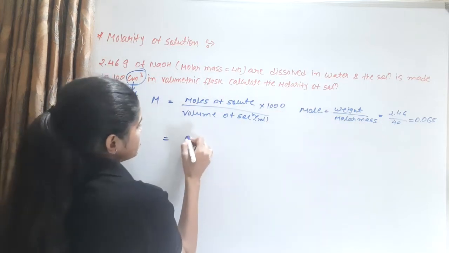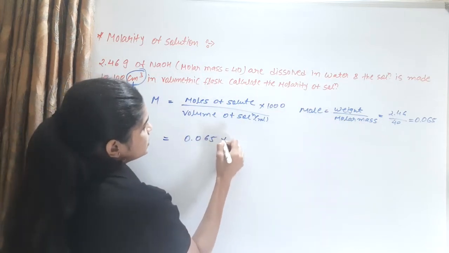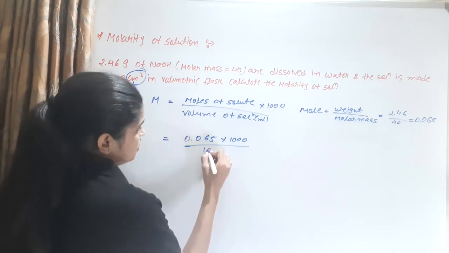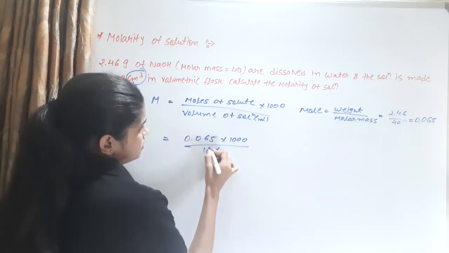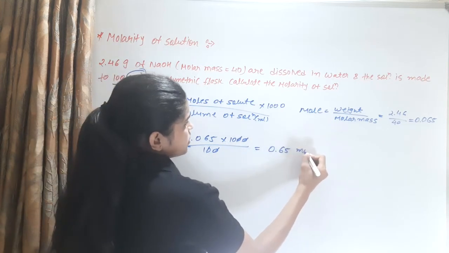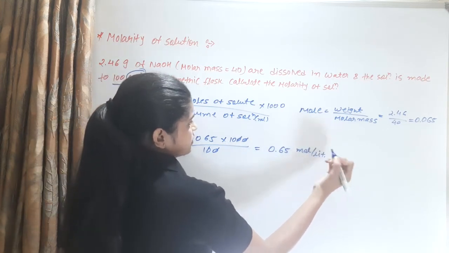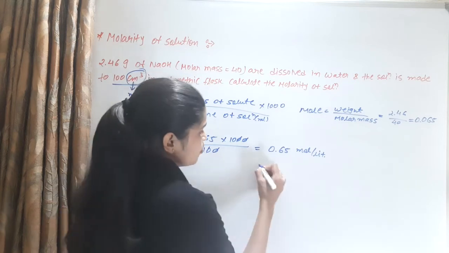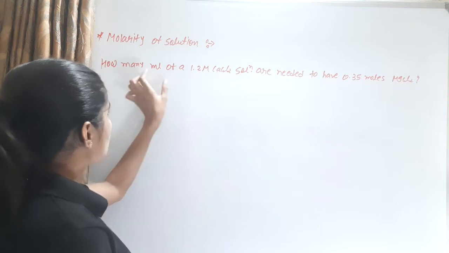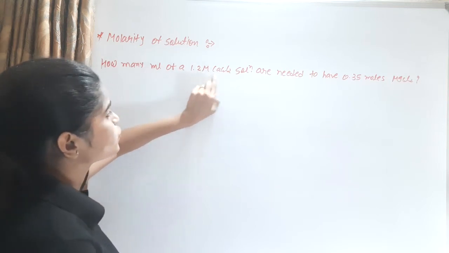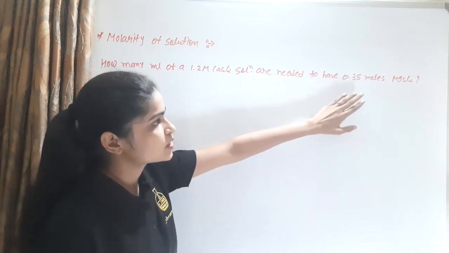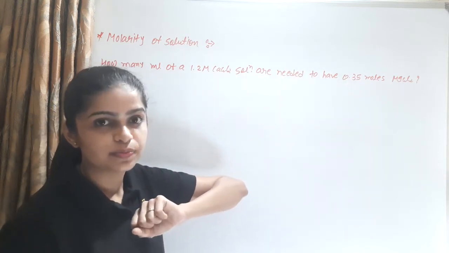Put this value 0.065 multiplied by 1000 divided by 100, so the answer is 0.65 mole per liter, or 0.65 molar.